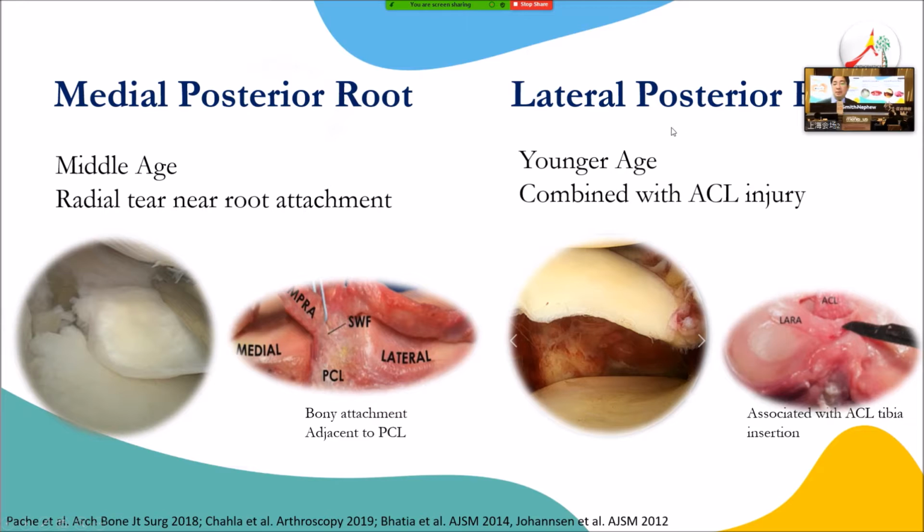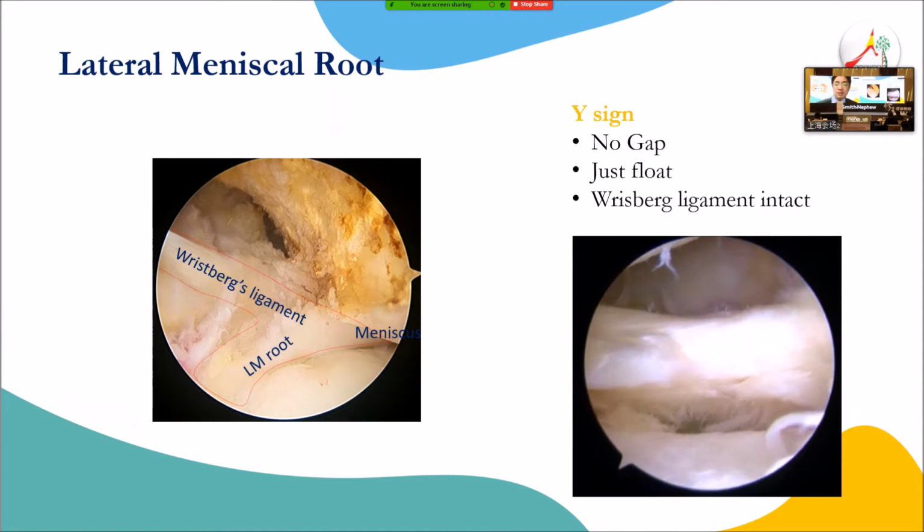Another thing is the lateral meniscus root tear. This is very common in the young, combined with multiple ligament injury, combined with ACL injury. I think there's a better prognosis because we always find it in a very acute stage, and we do the root repair together with the ACL reconstruction, right?